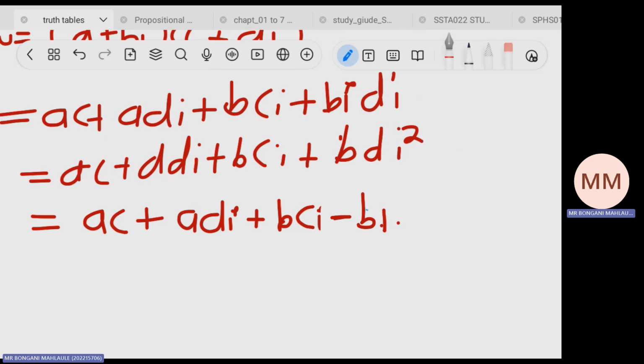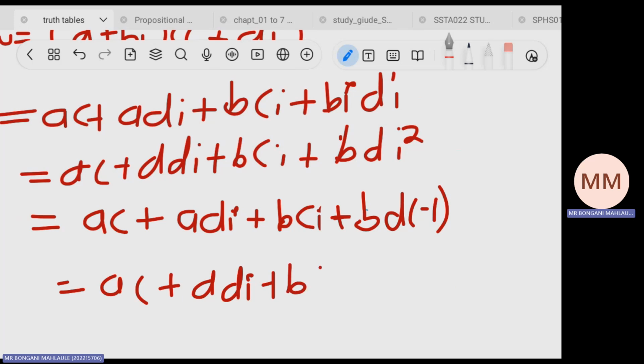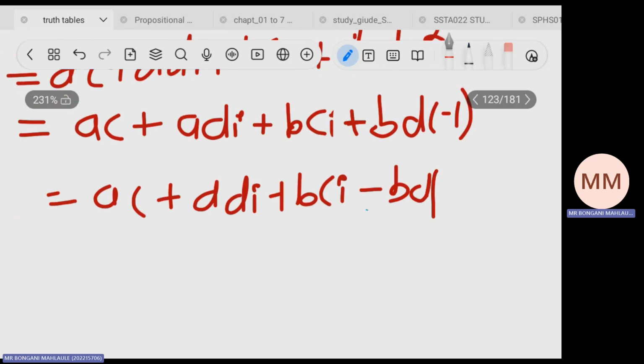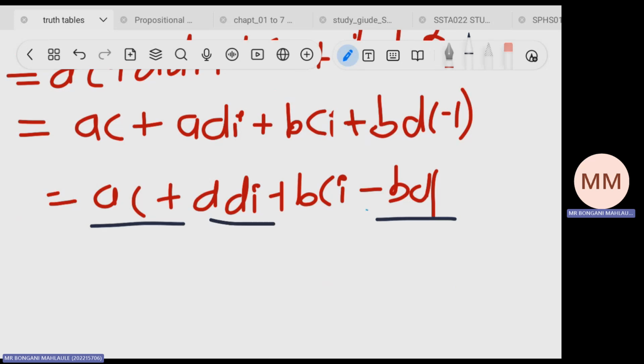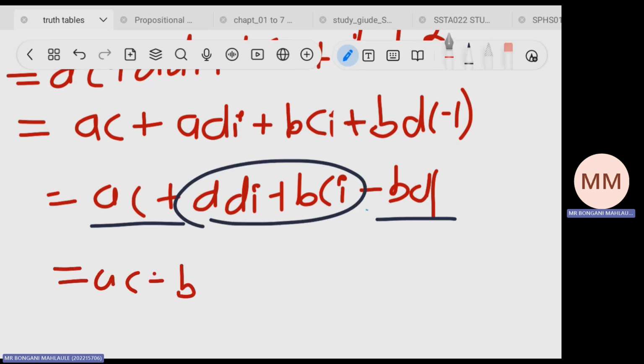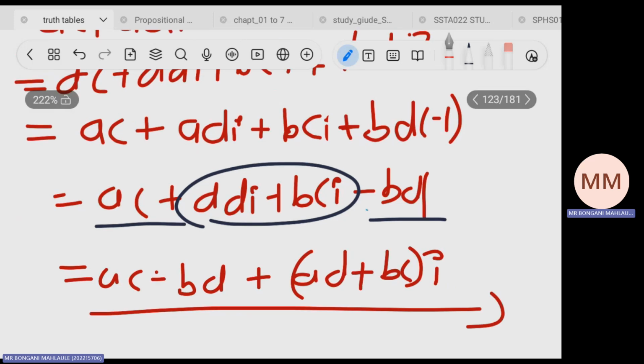Remember, we must replace i squared with minus 1. Or let me just do it like this. And we're going to group the real numbers together and the imaginary numbers together. So you'll have ac minus bd, ad plus bci. So that's your final answer.